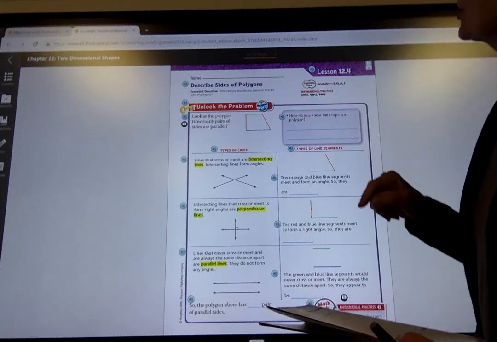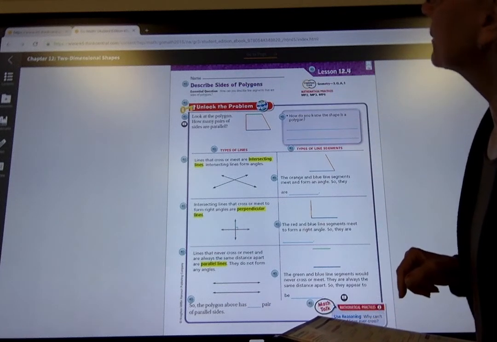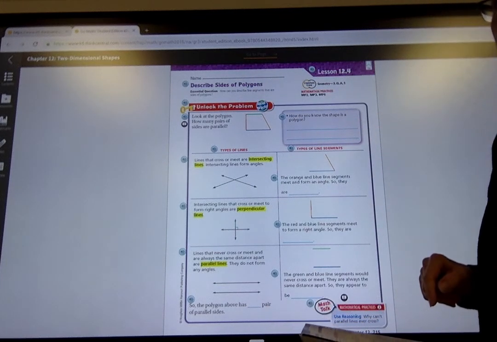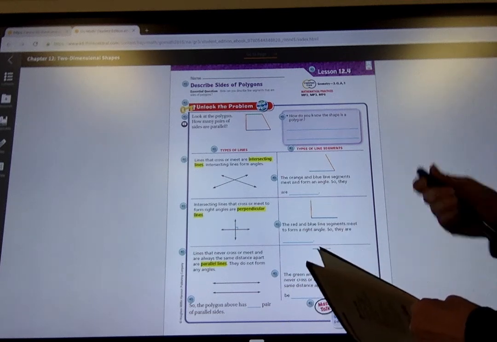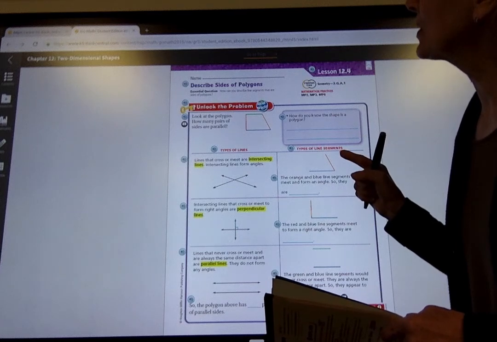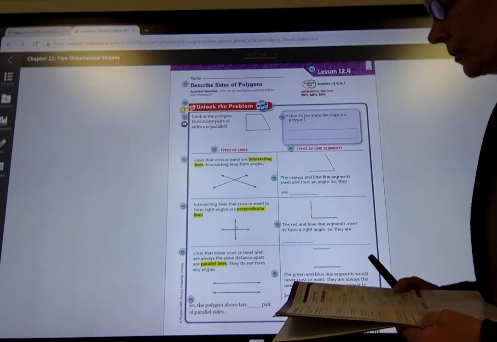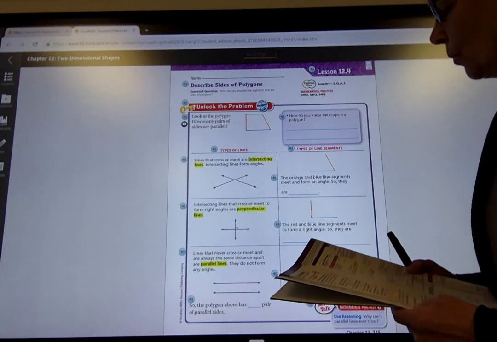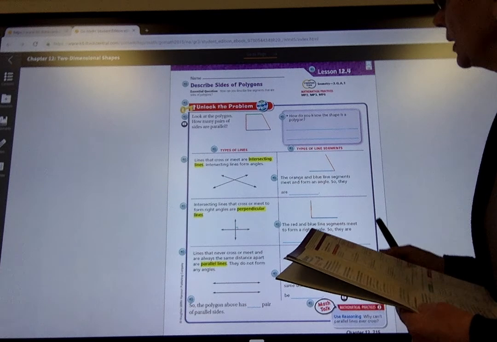Our essential question is, how can you describe line segments that are sides of polygons? Well, look at this polygon. How many pairs of sides are there? Well, how do you know the shape is a polygon?